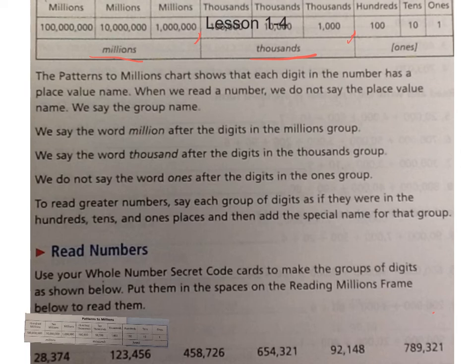Okay, next one. We do not say the word ones after the digits in the group. Okay, notice that. You don't say I have 745 ones. You would say, for money, I have $745 or I have 745. You wouldn't say ones. It'd be kind of silly. Like say you had 1,155,255 cars, little toy cars.